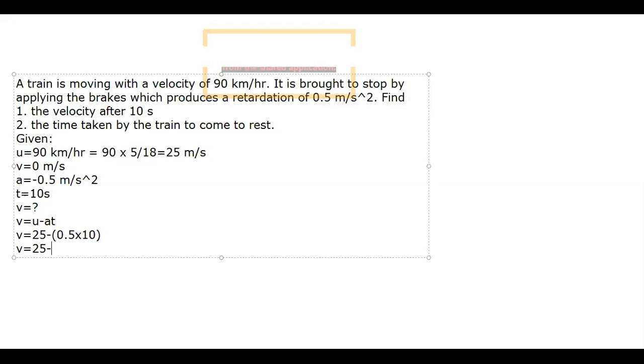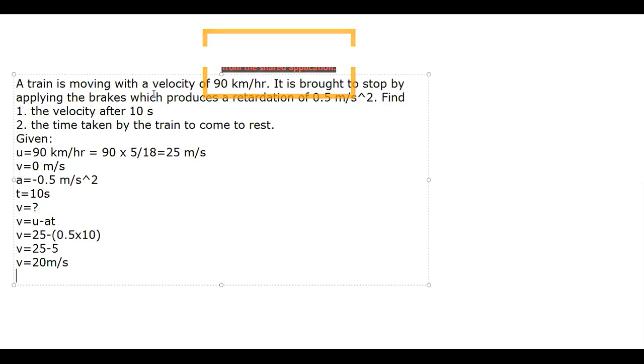So it will come out to be 20 meter per second. After 10 seconds, the velocity will be 20 meter per second. Okay. Now what is the question? The time taken by the train to come to rest. Now we have to find t.